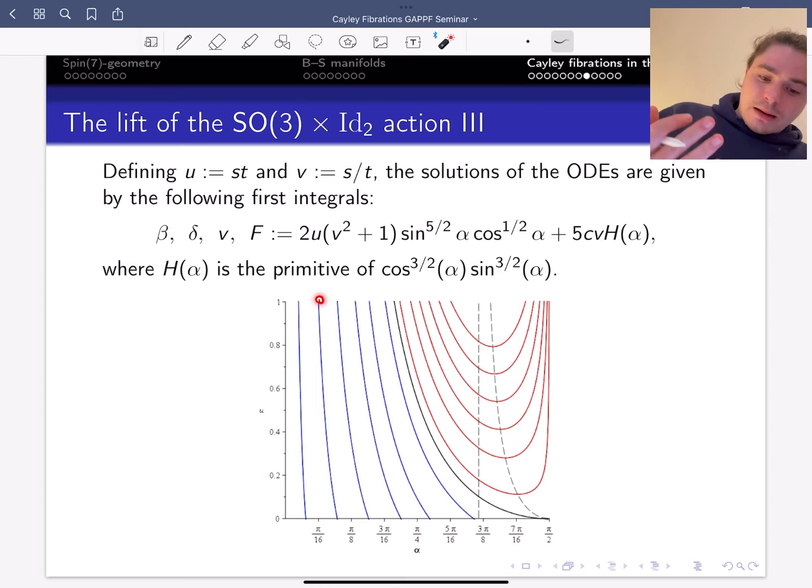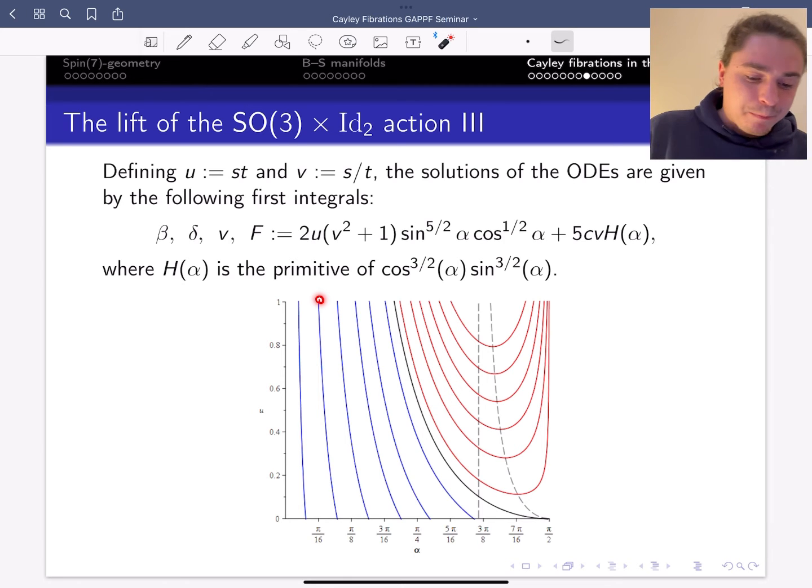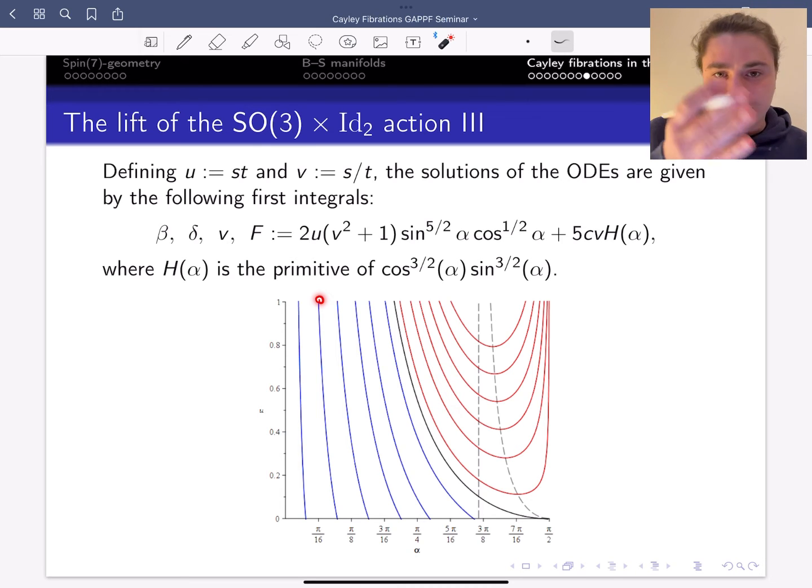Now the level sets of F correspond to the solution of an ODE, because beta, delta, and v are fixed, and the level set of F is going to give us a solution of the ODE.